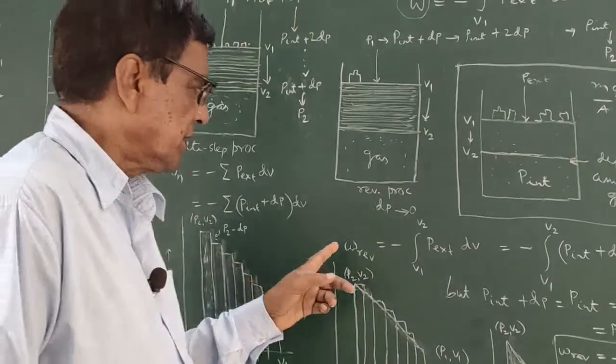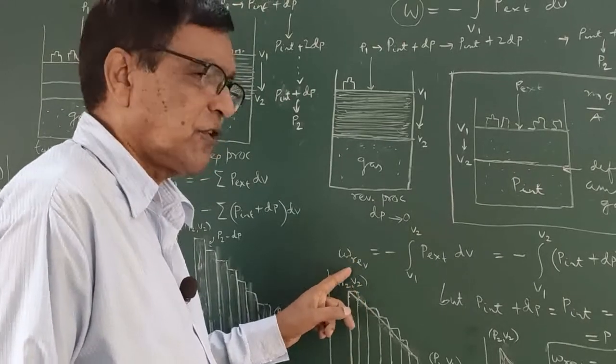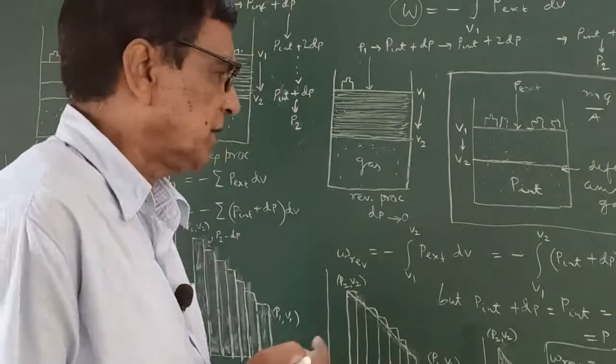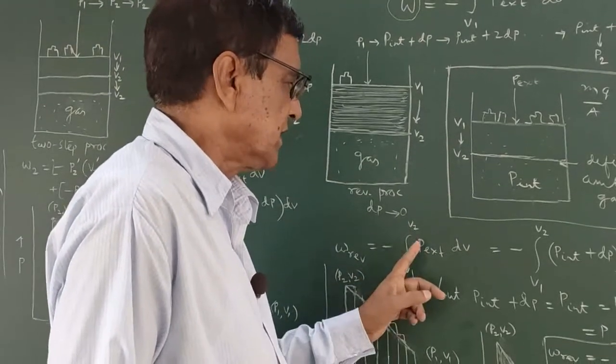So the amount of work required in a reversible process for compression from V1 to V2 is equal to minus integration from V1 to V2 of P external dV.